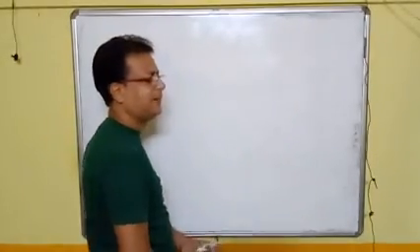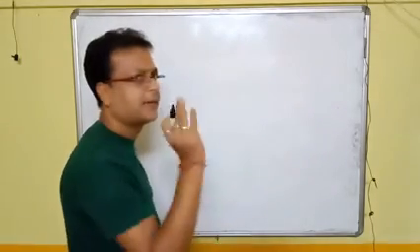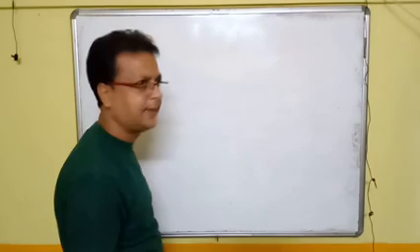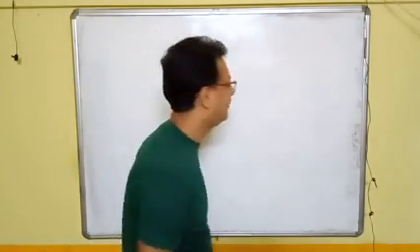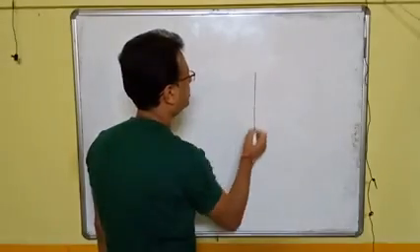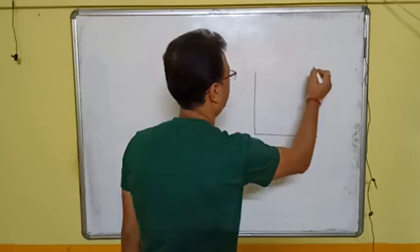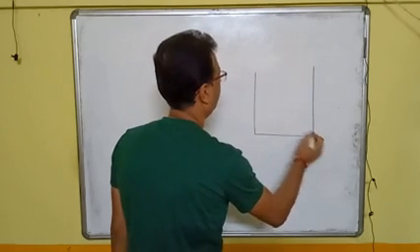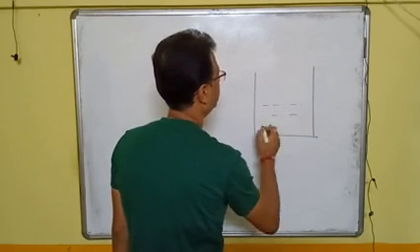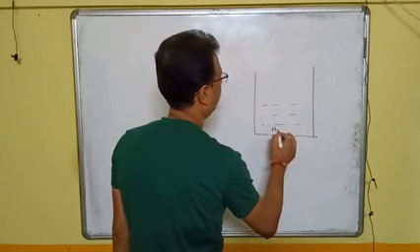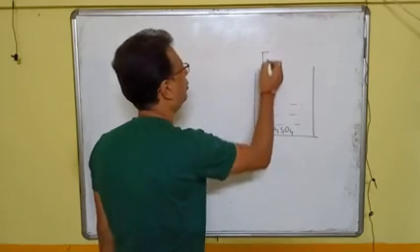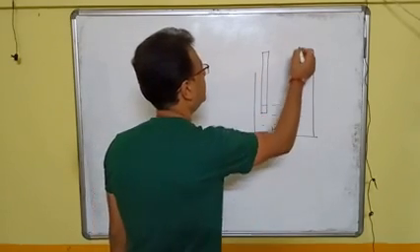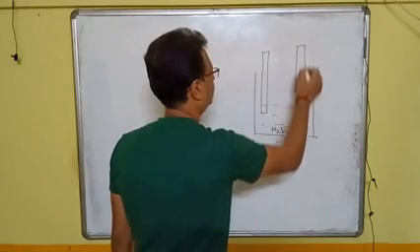To explain EMF of a cell, let me take a simple voltaic cell, which you will probably learn or have learned in chemistry in school. The solution here is dilute sulfuric acid, and you have two electrodes to make the simple voltaic cell.